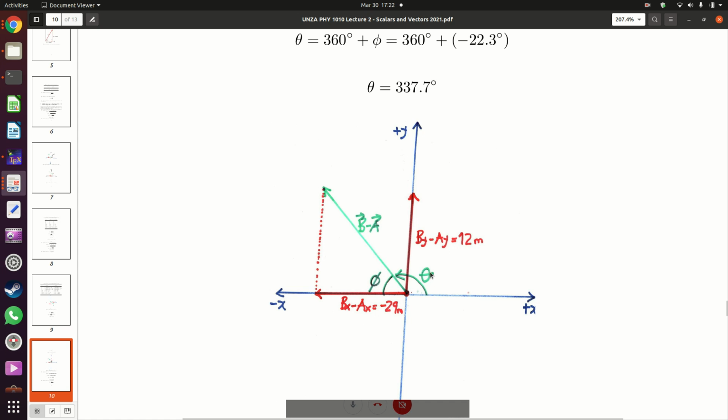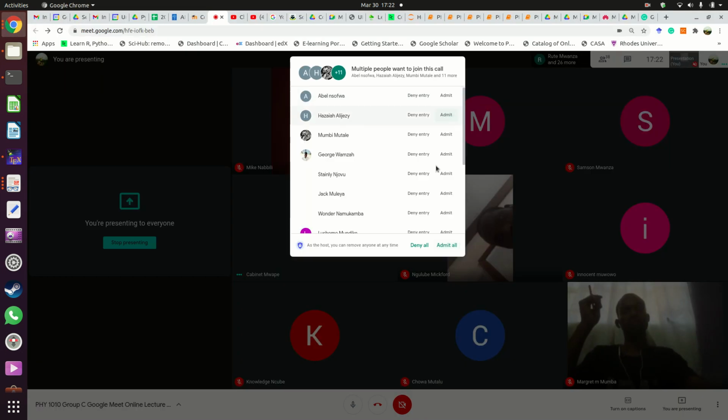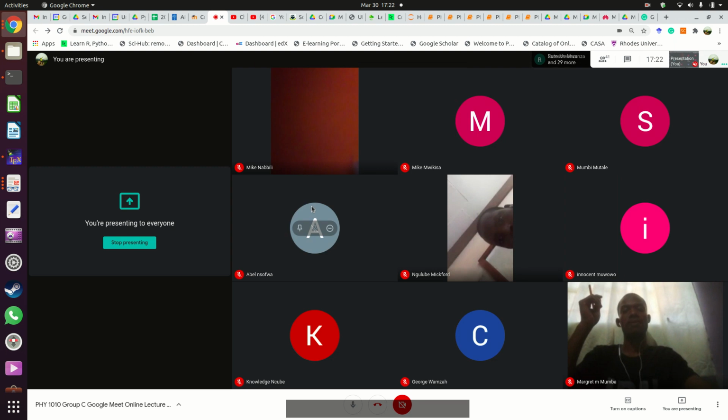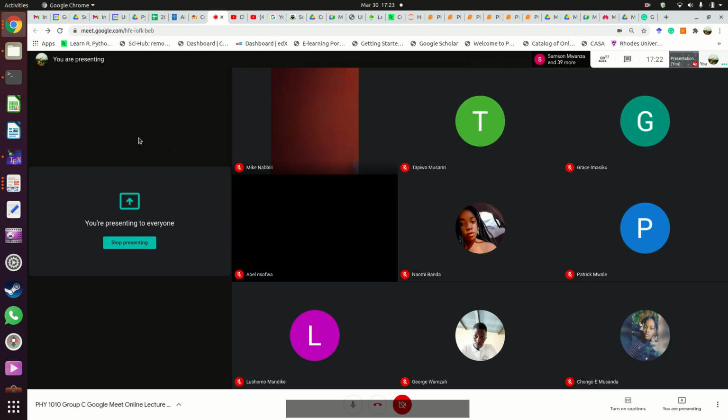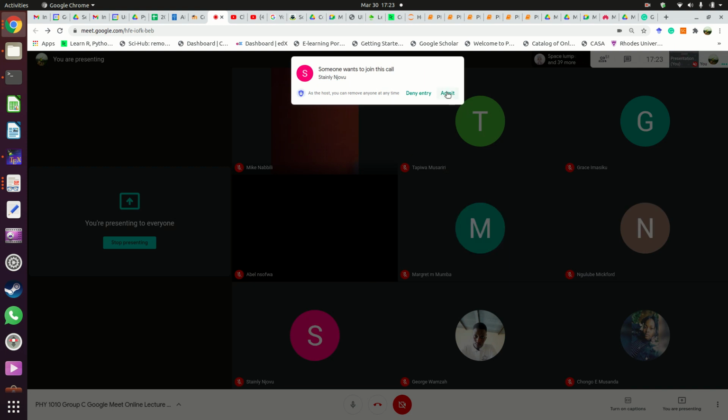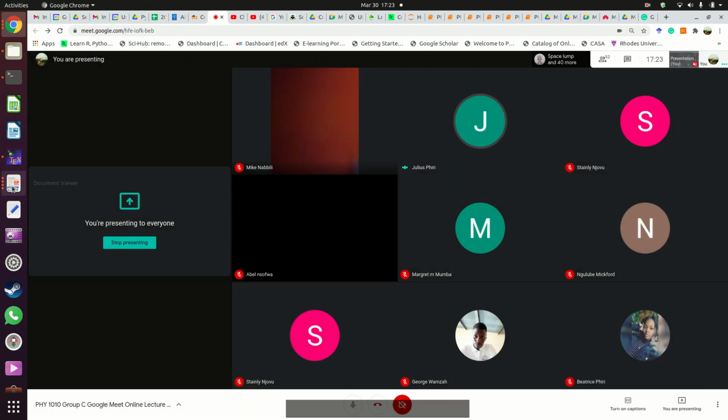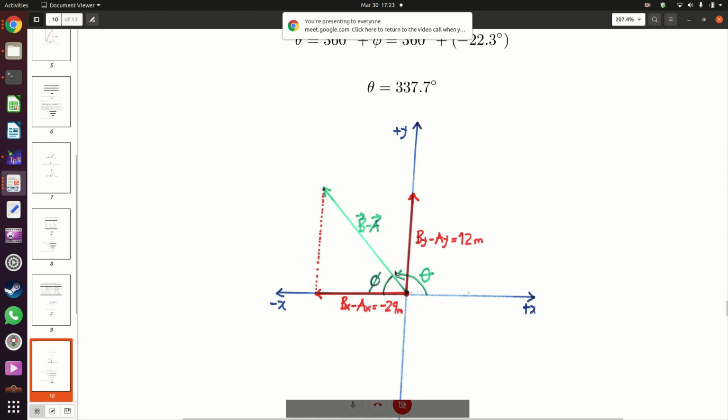Are we clear on the logic we are doing here? Can you repeat it? Which part am I repeating? The one where you subtract the angle.